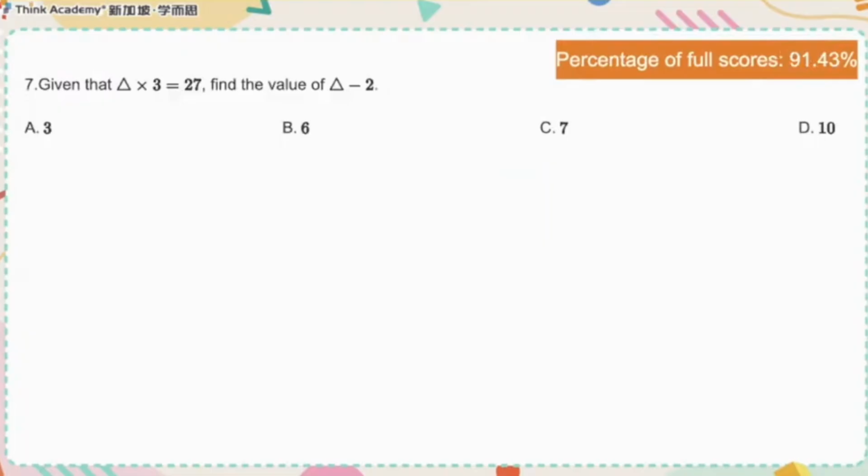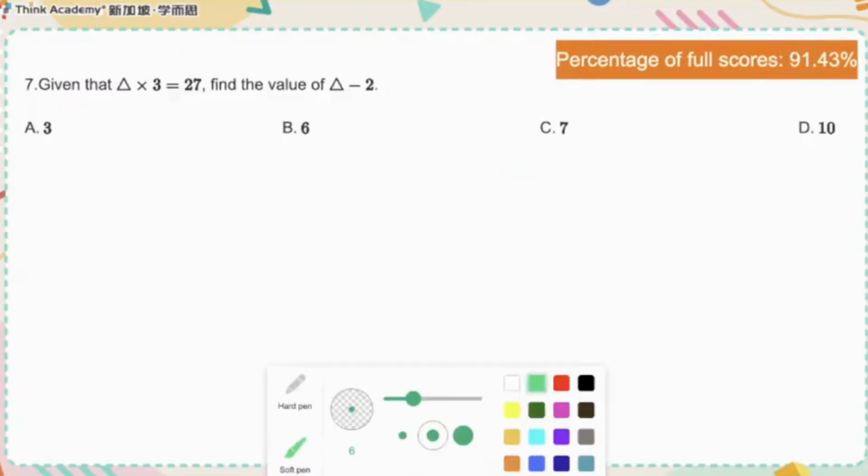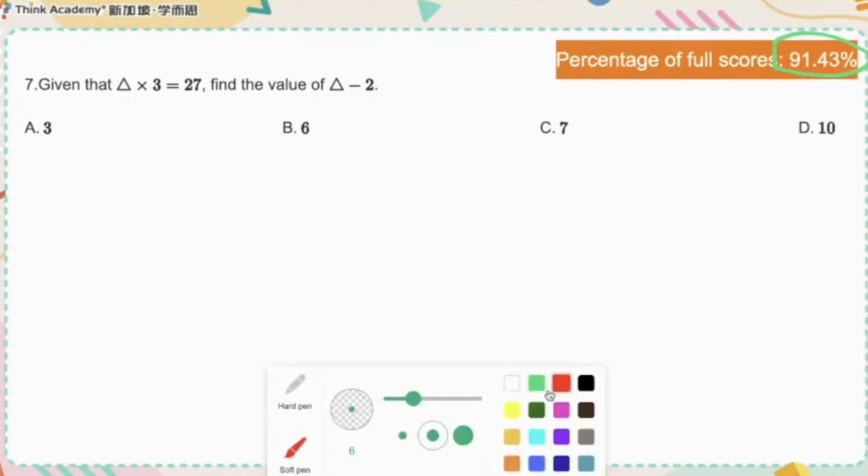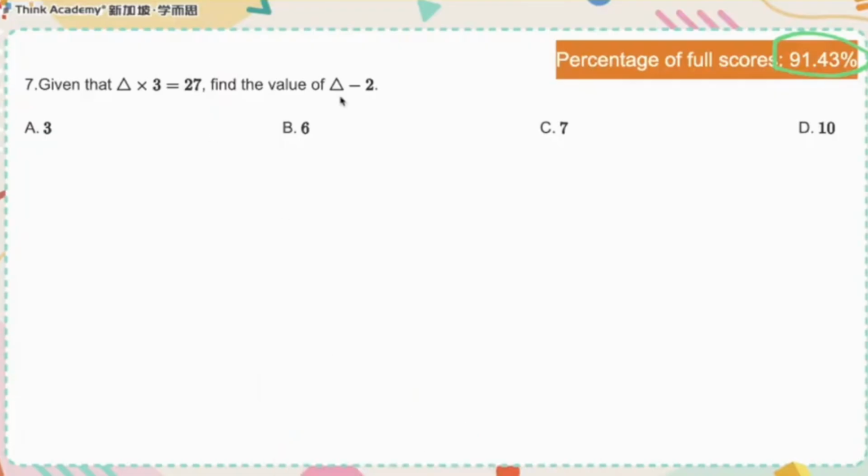Then this time, let's move on. This question, also congratulations, you see 91% of us got it correct. Congratulations. Okay, so we can see, as for this question, it is about the shapes in the equation. We already know the triangle times 3 gives us 27. Our task is to find the triangle minus 2.